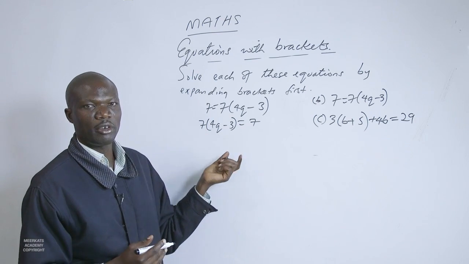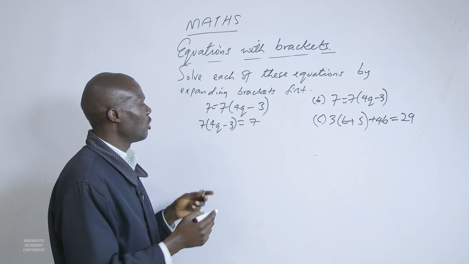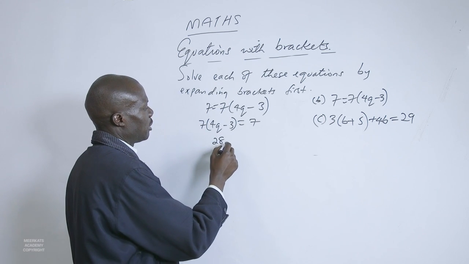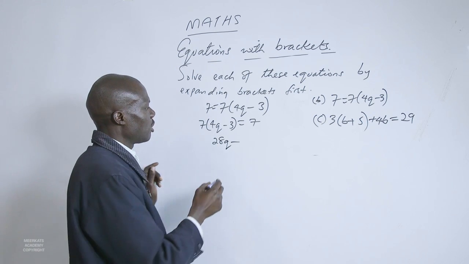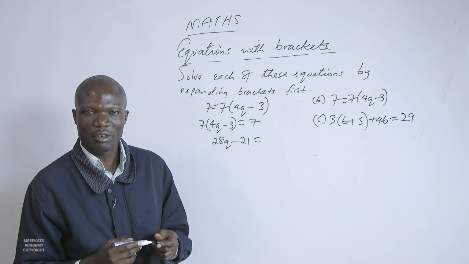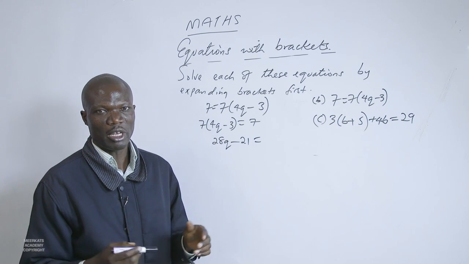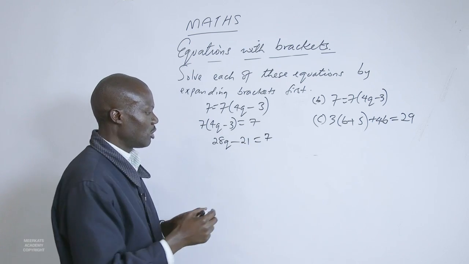So the first thing, using the distributive law, open the brackets: 7 times 4q gives us 28q, and then 7 times minus 3 gives us minus 21. The other side, we didn't have a bracket, we don't have anything to multiply with, so the constant remains, that is equal to 7.